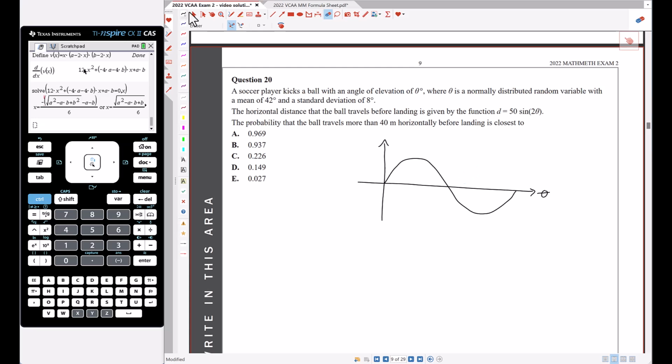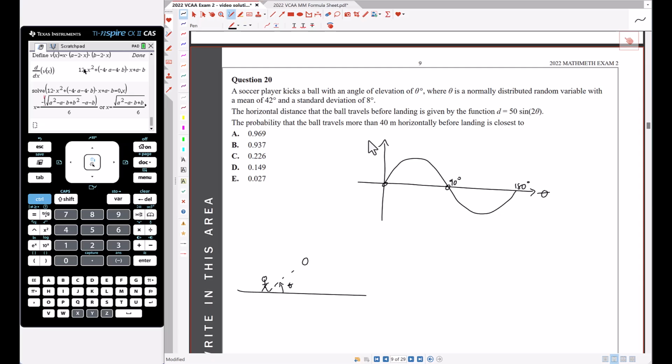So this is clearly 90 degrees and this is 180 degrees. So obviously there's an implied domain restriction here, because if you're kicking a ball, this angle of elevation is not going to be more than 90 degrees. You're not kicking the ball backwards this way, okay? So the domain restriction is obviously that it's somewhere between 0 and 90.